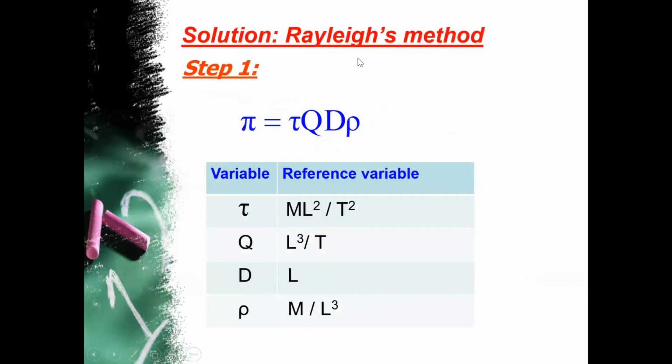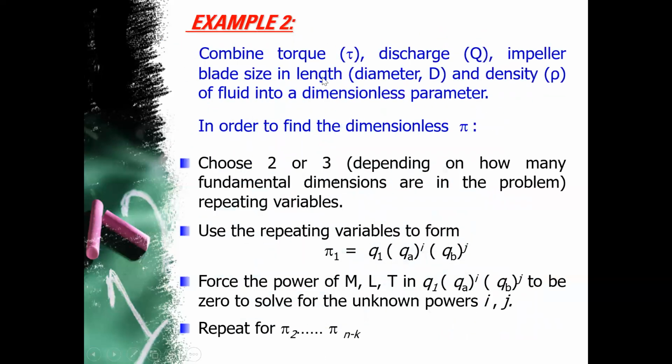This is a combination, wherein the dependent variable is not stated here. It's just asking us to combine these four variables, independent variables: the torque, discharge, the diameter, and the density. In total, we have four here. There is also no dependent variable mentioned, but we just need to combine all these.